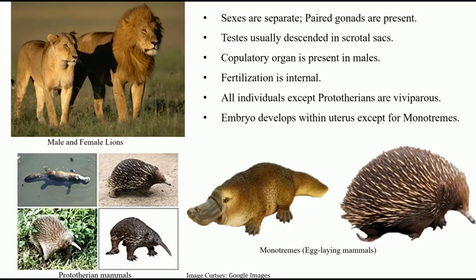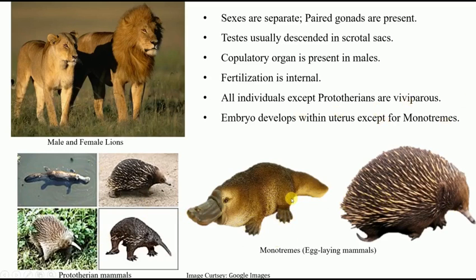The next character is that the embryo develops within the uterus of the female in almost all mammals except the monotremes. The monotremes, or prototherians, are the egg-laying mammals, where the development of the embryo takes place within the egg.